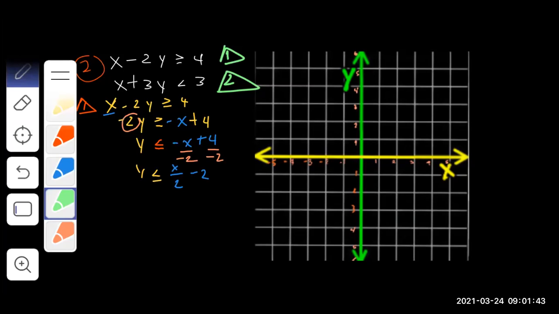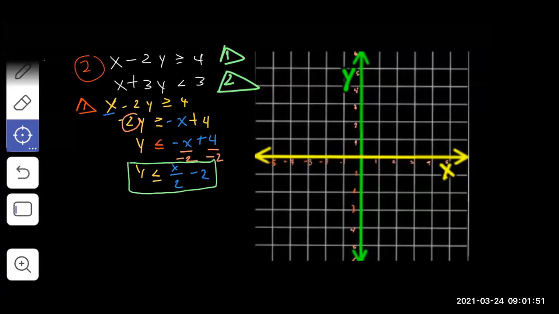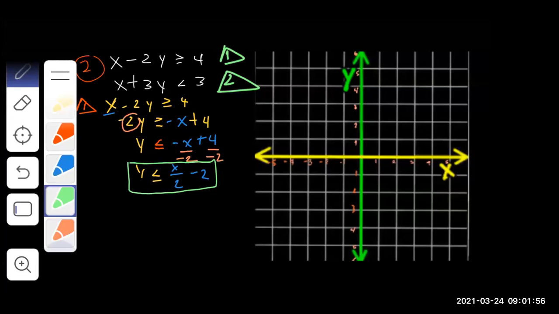And this is the inequality. I'm used to saying equation. This is the inequality. Y is now alone. Now you're completely capable of getting the slope and the y-intercept. Let's do that. What is the slope and what is the y-intercept?